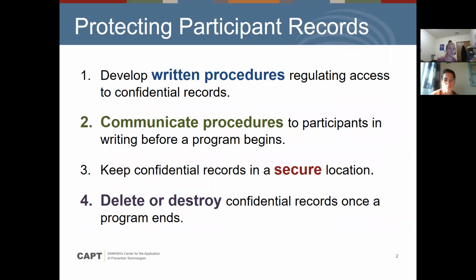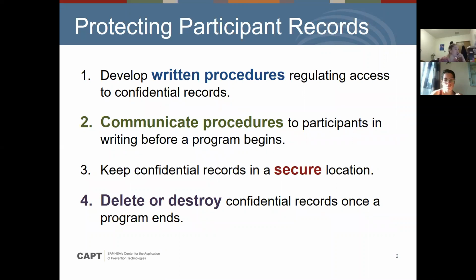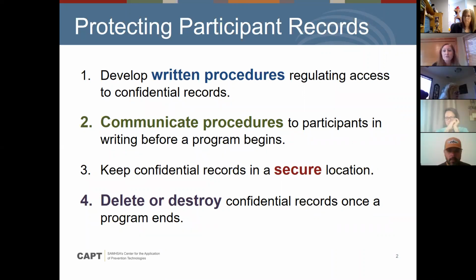So you want to develop written procedures regulating access to confidential records. If a prevention program maintains participant records that include confidential information, then it must have written procedures regulating access to and the use of these records. Again, if it's a universal prevention program, that's different because that's not disclosing any information about someone's use.